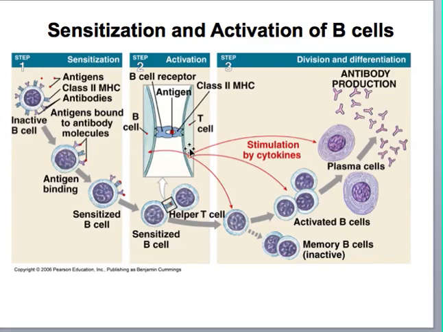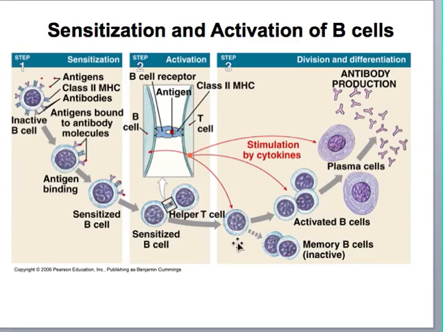Well, first of all, they're going to stimulate the helper T cells to become... I'm sorry, I can't rewind this. So as I said, the T cell, just hang in here. These helper T cells are going to cause more helper T cells to be produced.